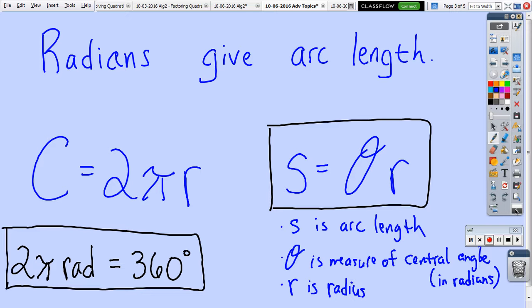This says theta is the measure of the central angle in radians. Yes, it needs to be in radians. So if we're presented information in degrees, we convert it to radians first and then plug it into this formula.